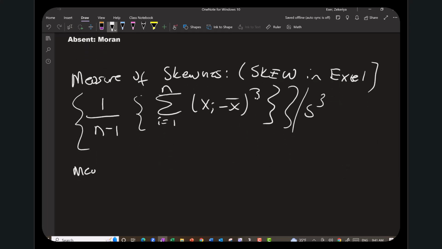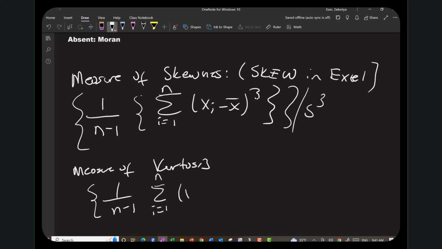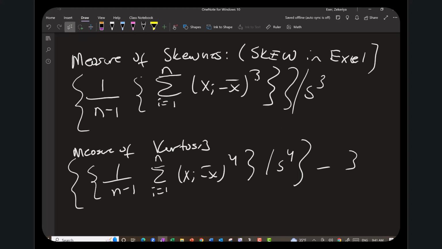Measure of kurtosis: the reason we're deducting a 3 is that quantity would have been 3 for a distribution that is exactly normal.